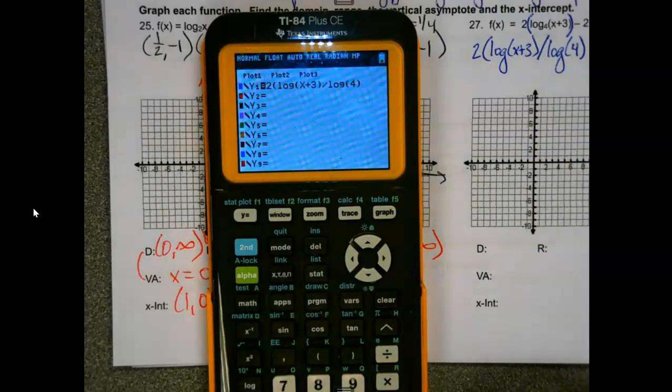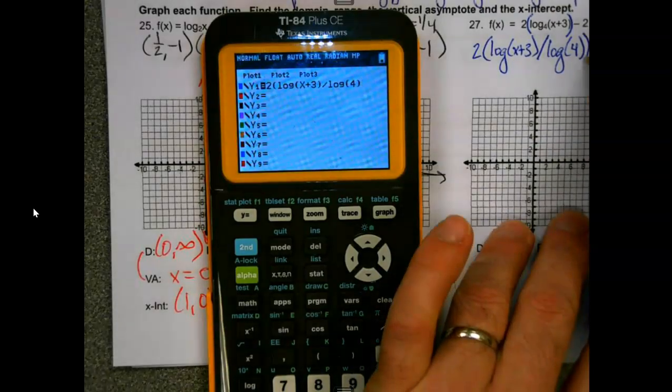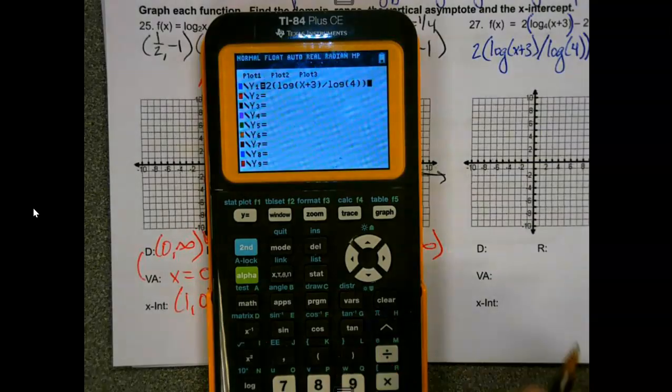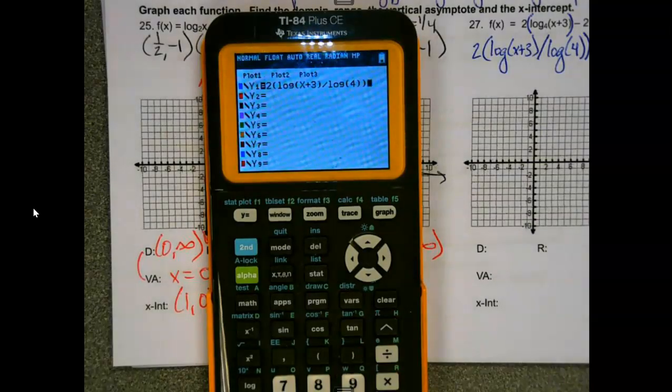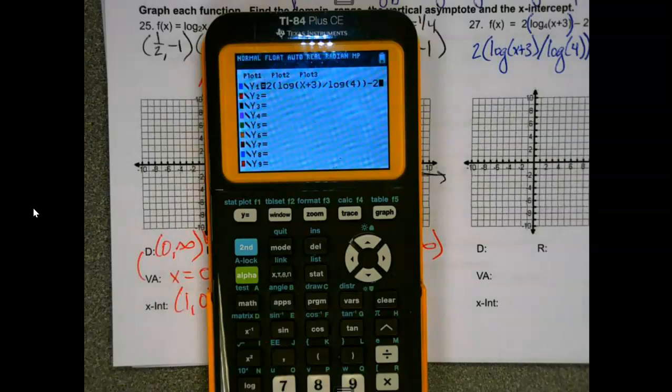When you close the parenthesis on your log, you need a second parenthesis because now you close the log 4, now you're closing the entire log. You're saying, okay, this stuff is together. And then I can put the -2 on the end.